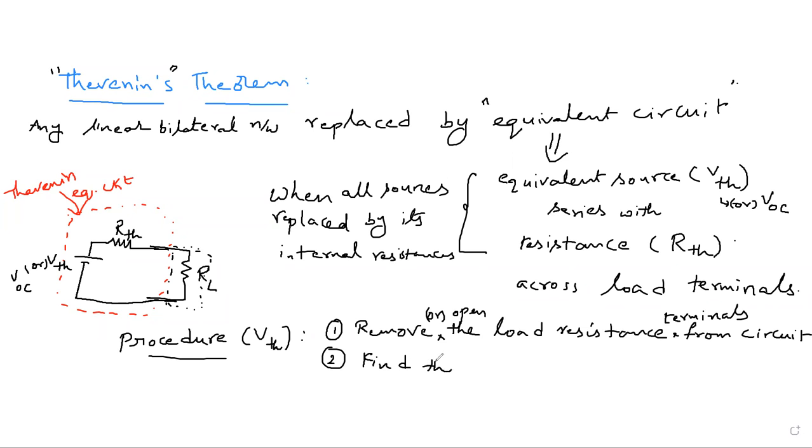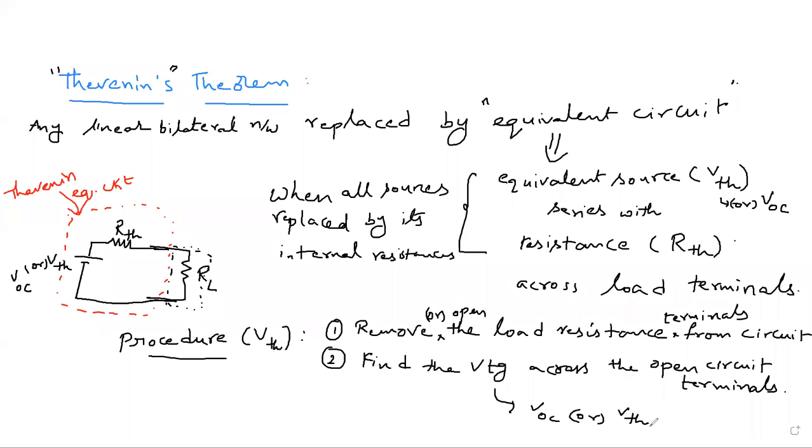Then find the voltage across the open circuit terminals. So that voltage is your VOC. That is also called your VTH. Understand? We will do one problem, then you will better understand that.